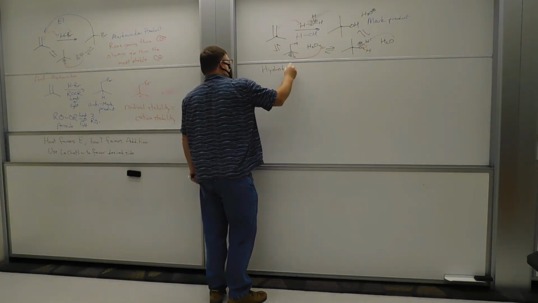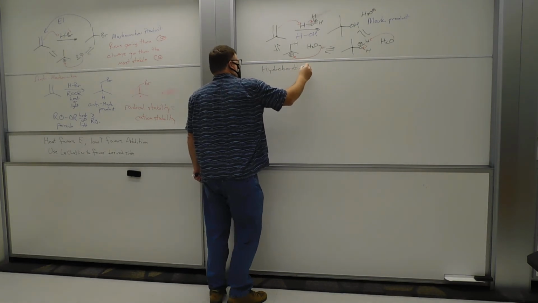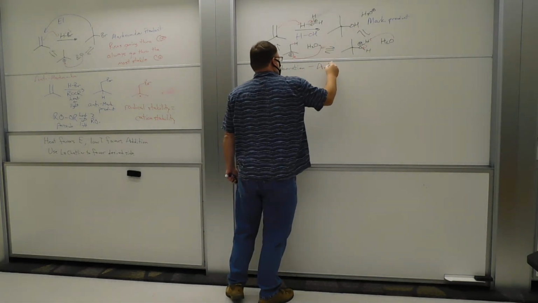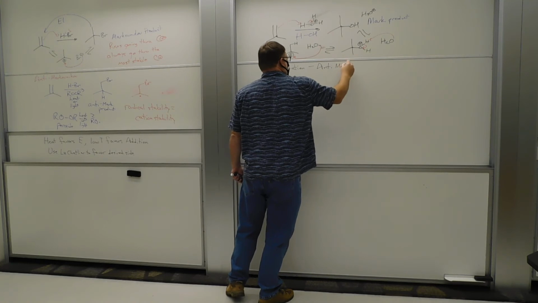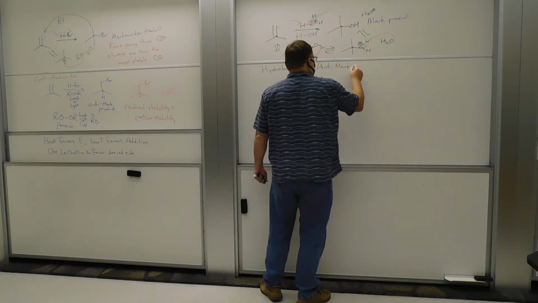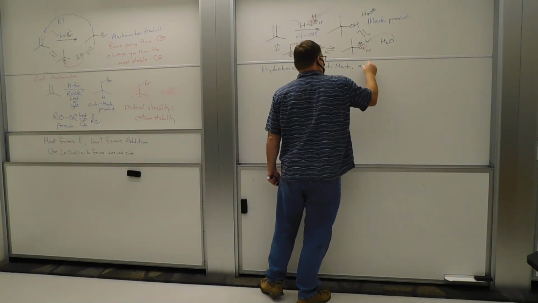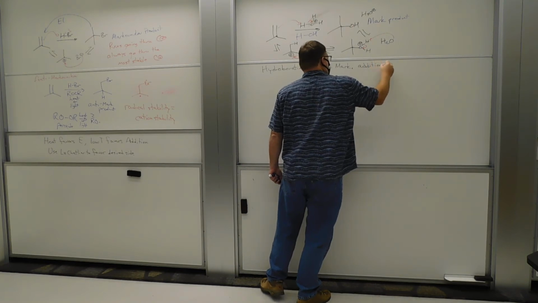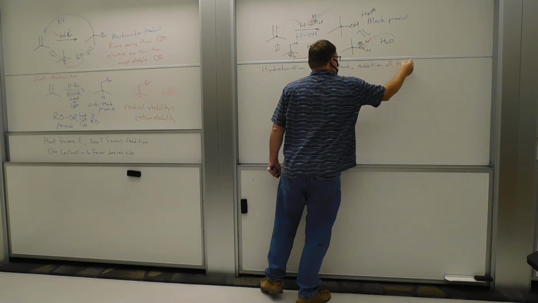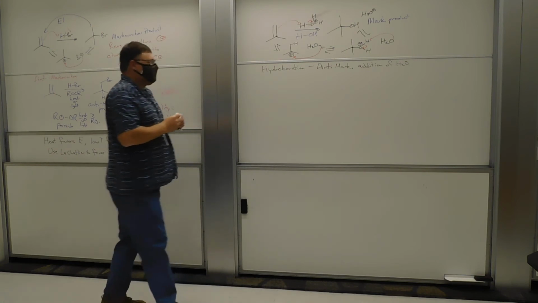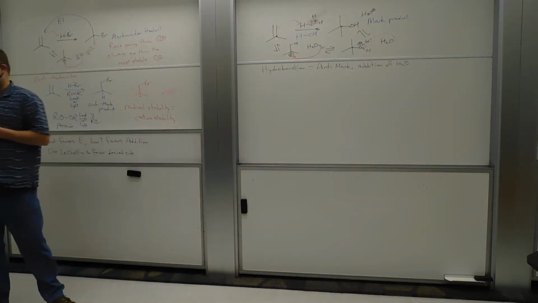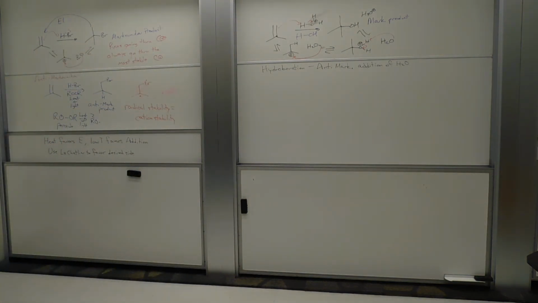I'm going to be abbreviating Markovnikov as Mark. I've always thought Markovnikov would make a nice name for a kid. Because my name is Paul Jones, and people look at me funny when I check into hotels.